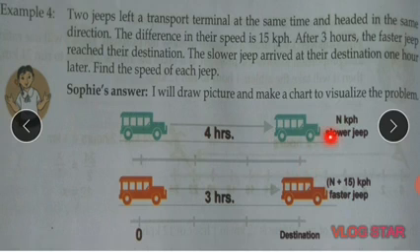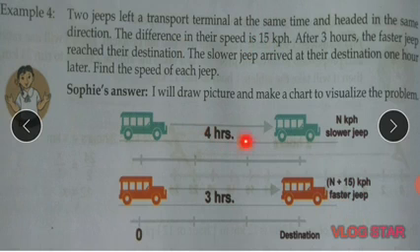I will repeat. Let's write into variable the speed of the slower jeep as n, while for the faster jeep it is n plus 15 because it is faster by 15 km per hour than the other one.